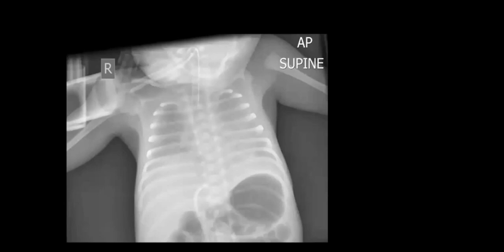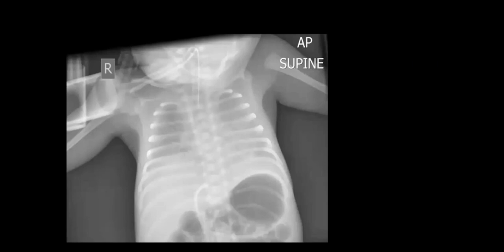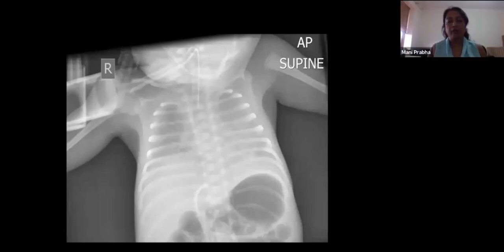Regarding the lungs, they have bilateral symmetrical ground glass opacification with reduced lung volumes. I can't see any pneumothorax or pneumomediastinum. And if this was a premature patient, my top differential would be acute respiratory distress syndrome, or hyaline membrane disease, same thing.